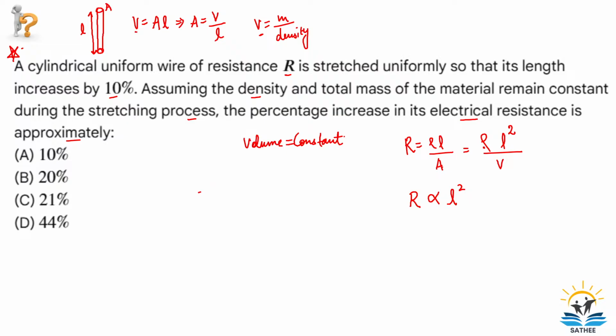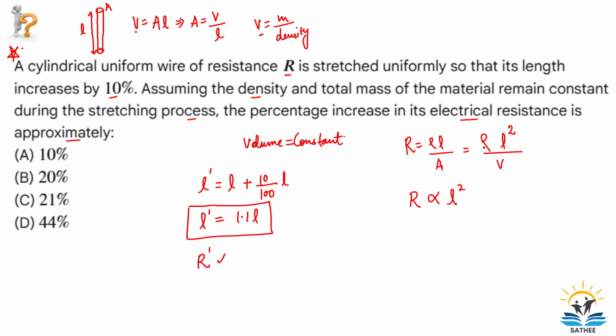Okay, if the new length is L plus, how much change is there? 10%. L plus 10%, that means 10 by 100 L, that means L plus 0.1 L, that means 1.1 L. New length is 1.1 into the initial length. So what is the change in resistance? What is the new resistance?